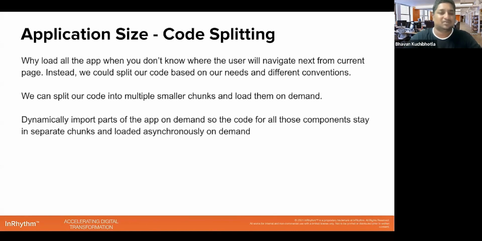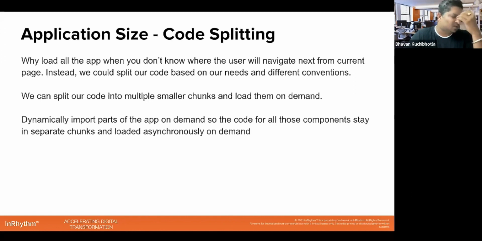The logic here is, what is the point of loading the whole app when all you know is the user is on one page, and you don't know if he or she may go to the next page or a different page, or they just close down the tab? You don't know that, so there is no point loading the whole application when you don't need it.